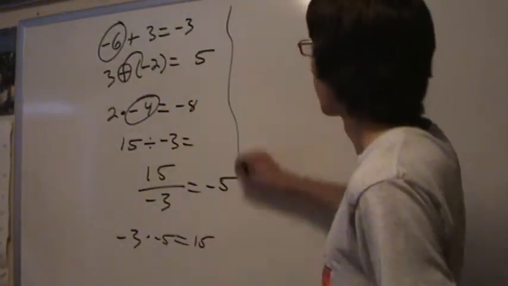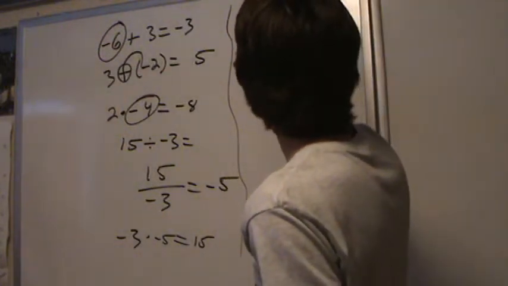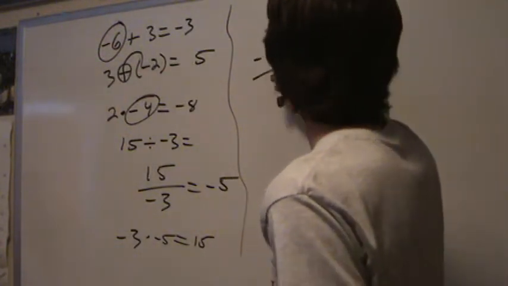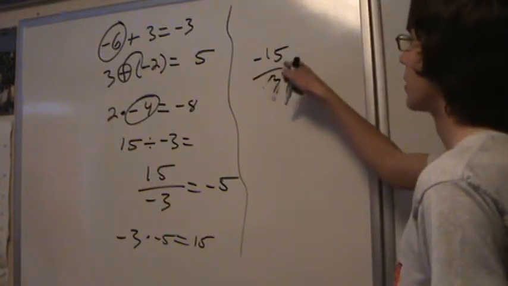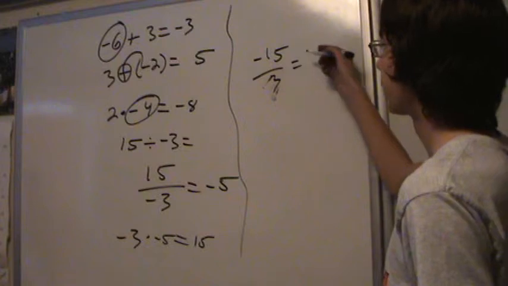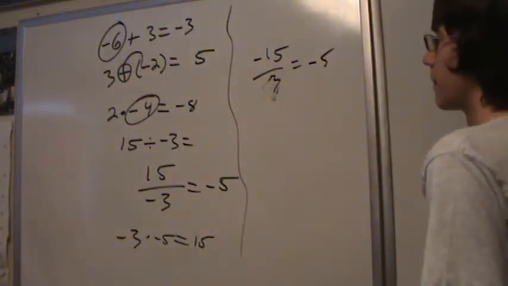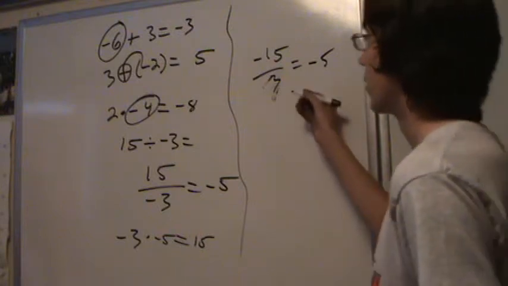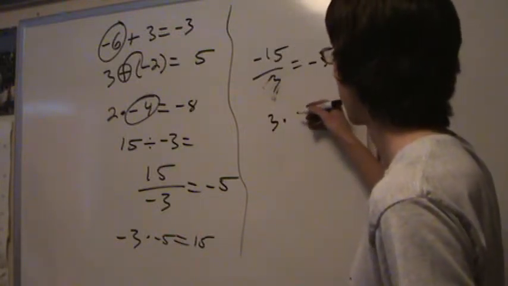Okay, suppose they give you the same thing, only this time it's the 15 that's negative divided by 3. Okay, 3 goes into -15 negative 5 times. And you can also write it because division is the opposite of multiplication.